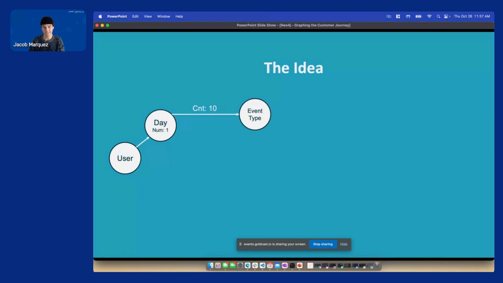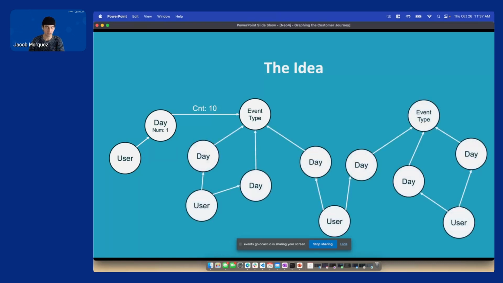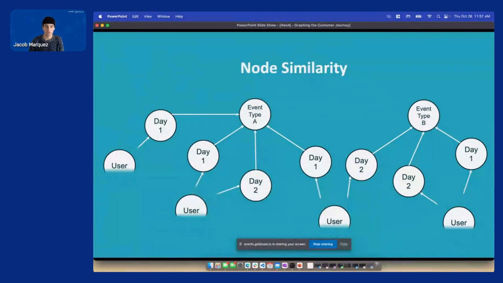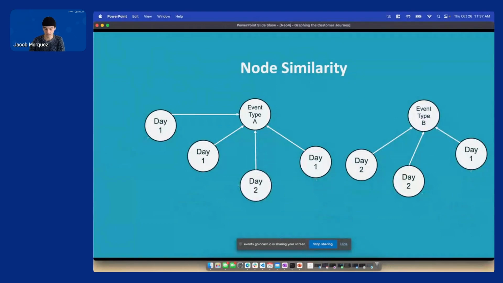So the basic idea is we have this graph. We have the user, the day they were active, the event, and how much it happened. And we have all the other users and their activity as well. If we only focus on the day and event nodes for right now, we can start looking at node similarity. I should mention there are two steps to this.